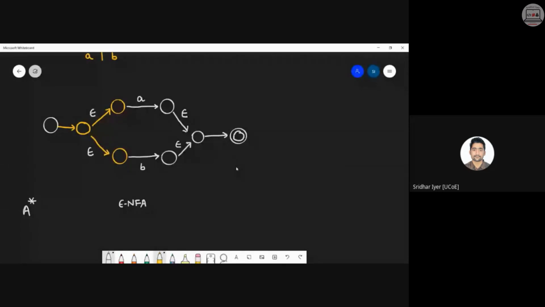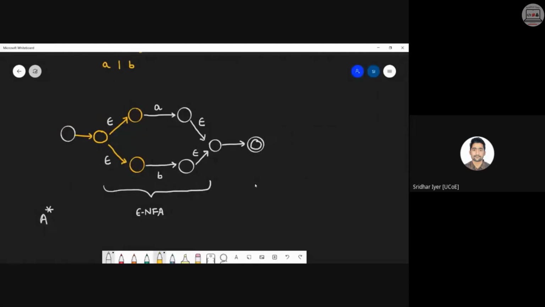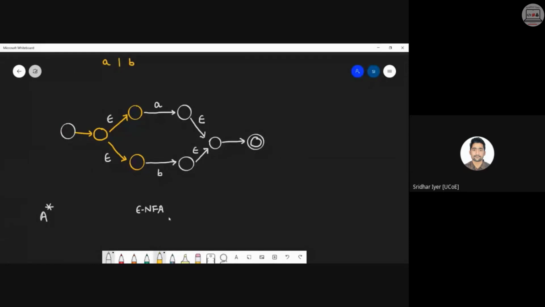Why so? Now transitions are left. I have not drawn yet. See over here, this is your A plus B. But we want a machine to accept A plus B closure. So for that purpose, we have to make a first transition back to the state from where we have started accepting A plus B. So once we have constructed this A plus B, we have to go back to the state which is actually accepting A plus B. That is this particular state.